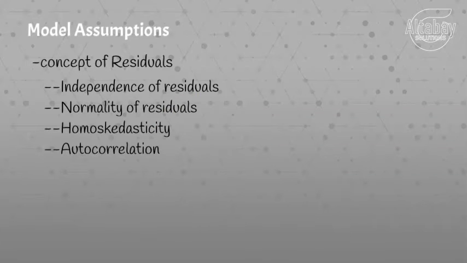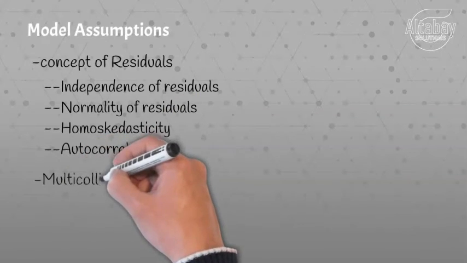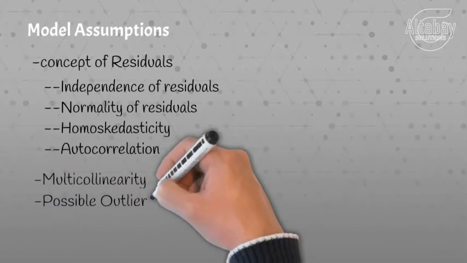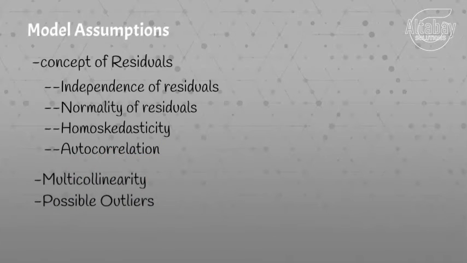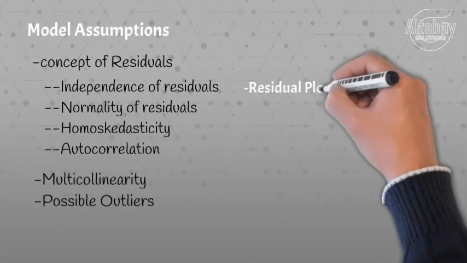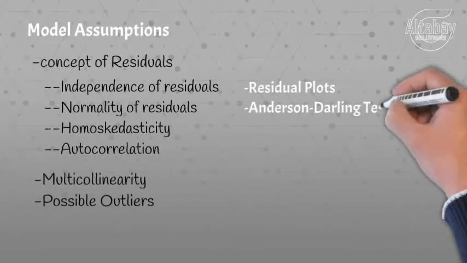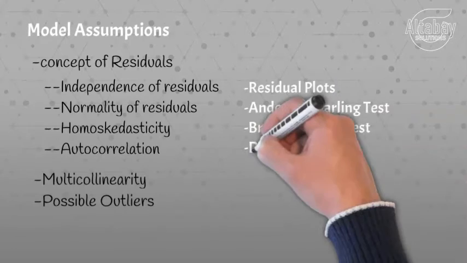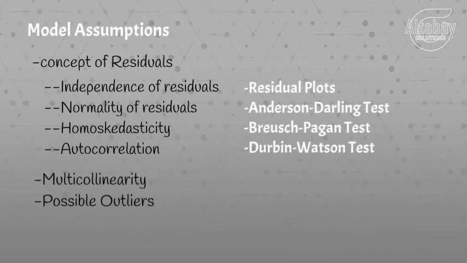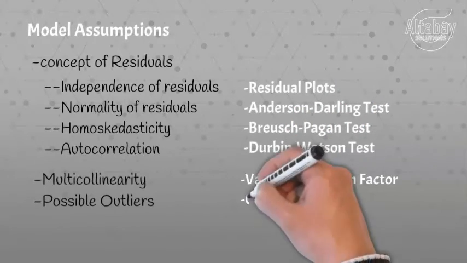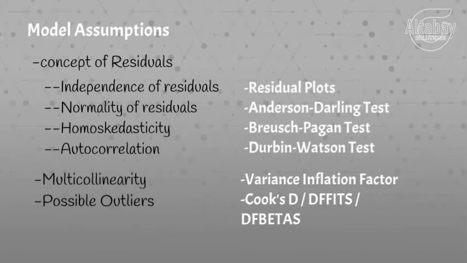In addition, there are things you need to watch out for like multicollinearity and the presence of possible outliers. Some diagnostics or tests you can use to check or correct these are by using residual plots, the Anderson-Darling test, Breusch-Pagan test, Durbin-Watson test, variance inflation factor, Cook's D, DFFITS, and DFBETAS.